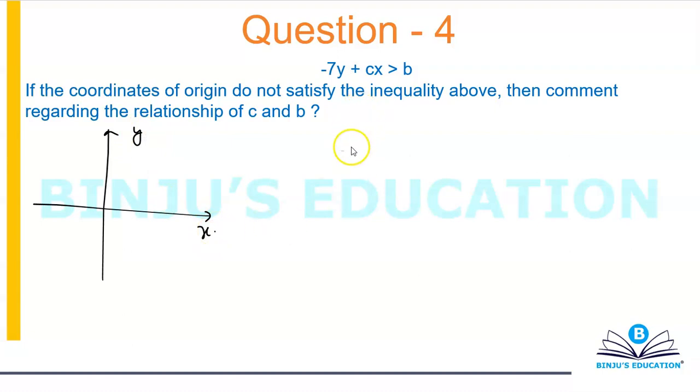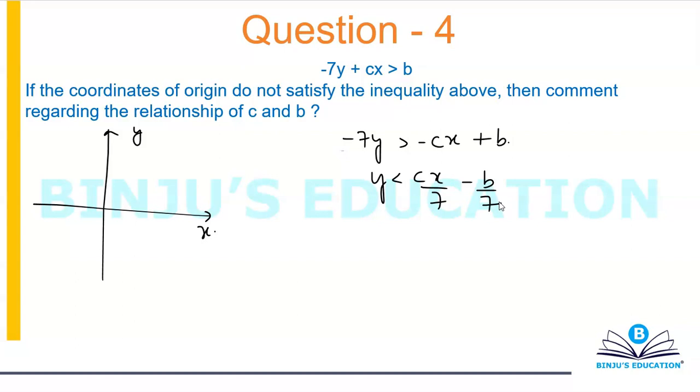So what I'm going to do is, second thing is I'm going to rewrite this as minus 7y is greater than minus cx plus b, and I'm going to divide both sides by -7, so I'm going to get y is less than cx by 7 minus b by 7. Okay. Now what are the possibilities we can have?